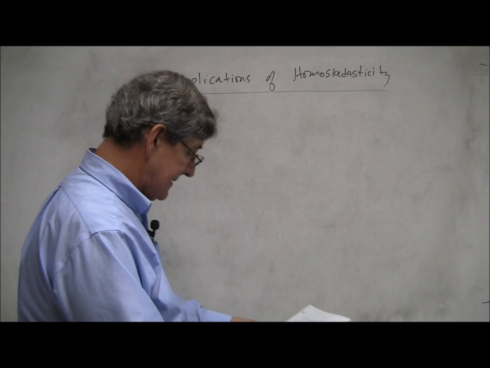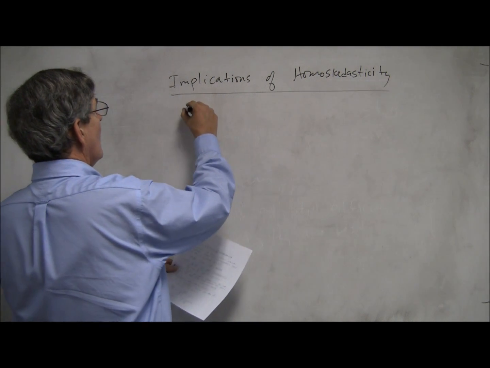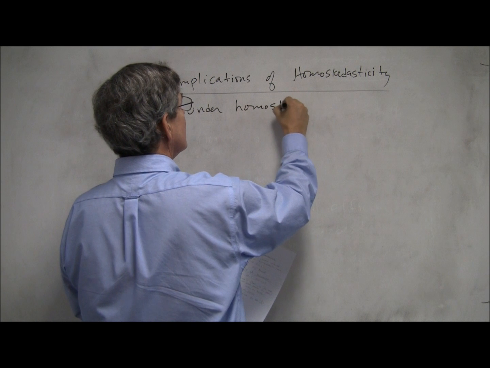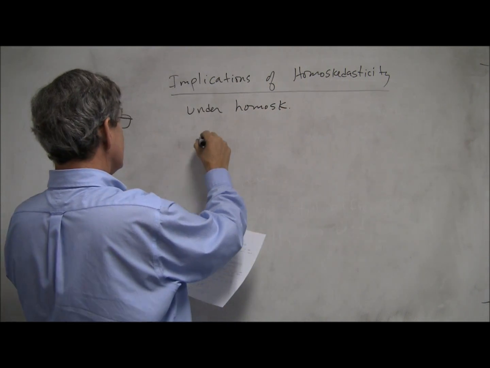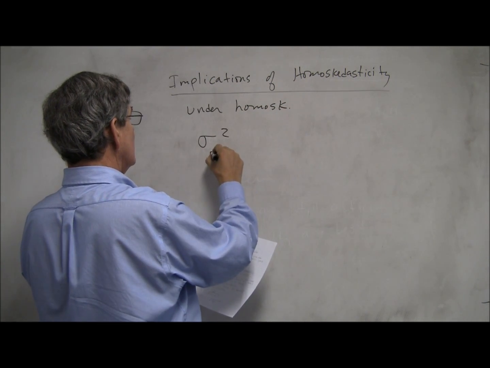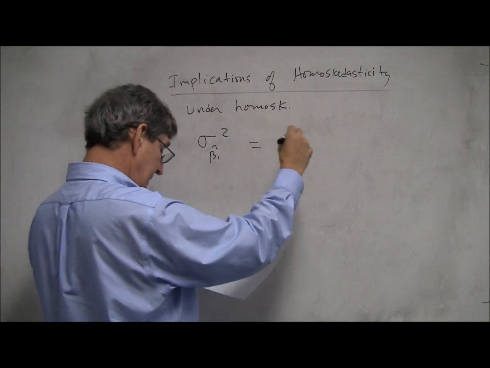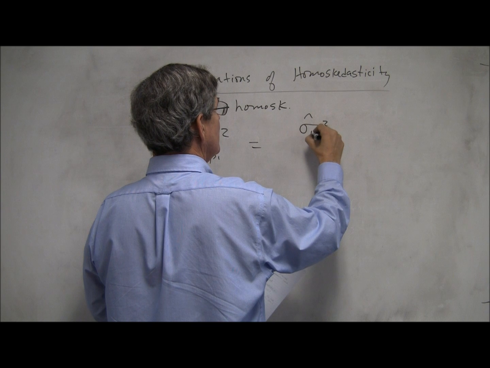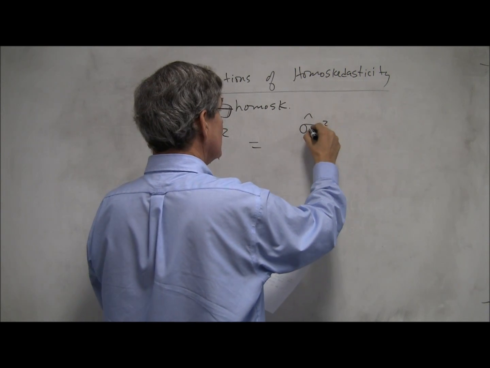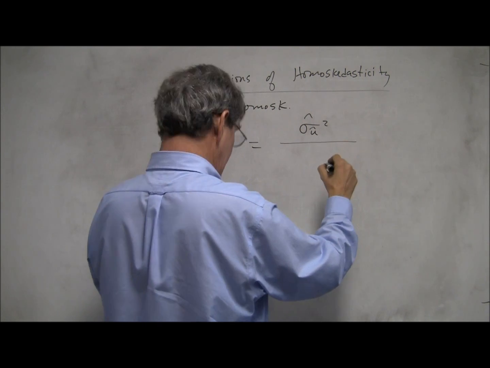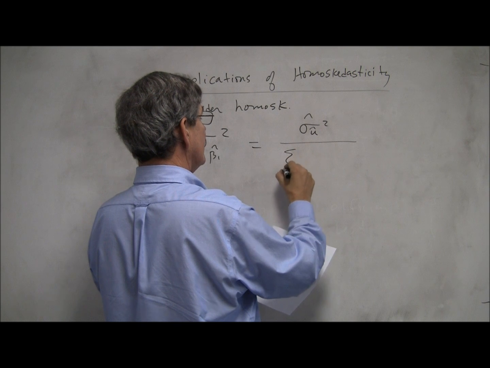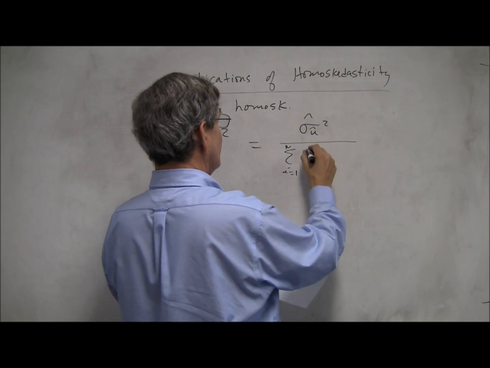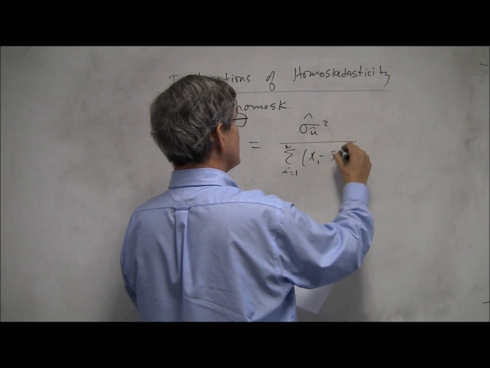In this case, sigma squared beta 1 hat just becomes sigma hat squared u hat over the sum from i equals 1 to n of (x_i minus x bar) squared.